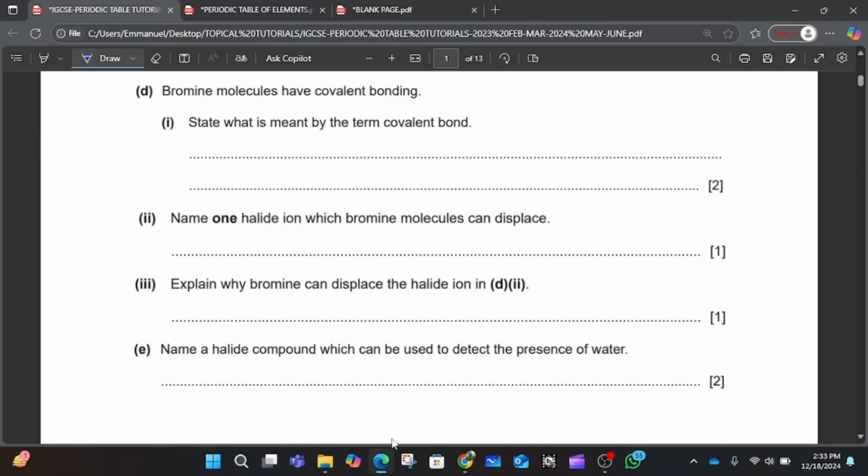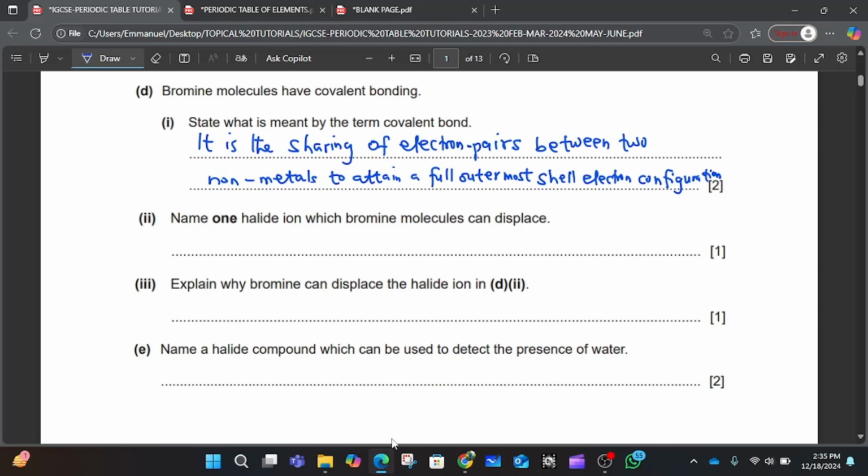D. Bromine molecules have covalent bonding. I. State what is meant by the term covalent bonding. In covalent bonding, non-metals come together to share electron pairs in order to attain a full outer shell electronic configuration. So covalent bonding is the sharing of electron pairs between two non-metals to attain a full outer shell electronic configuration. And once they attain a full outer shell electronic configuration, the molecule becomes stable.